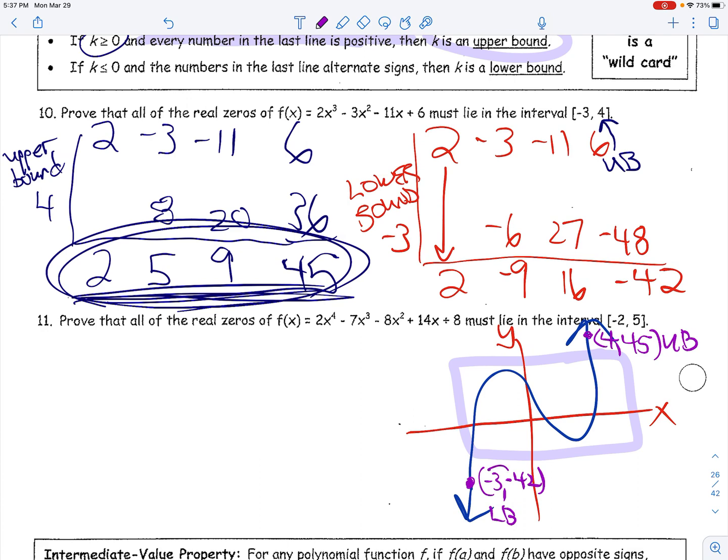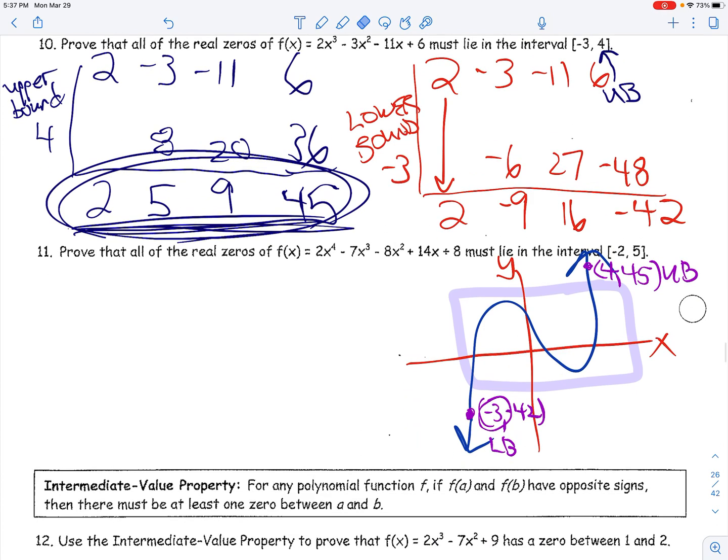So once you establish that -3 is a lower bound, it means that this graph is not going to come back up on the other side and intersect the x-axis. It's just going to keep on getting smaller and smaller as you go out to -infinity for x.